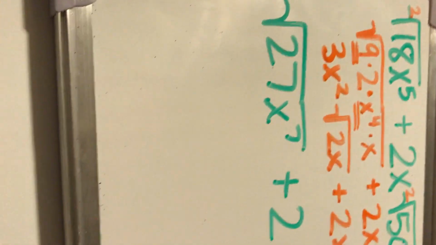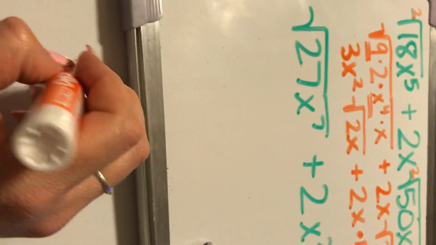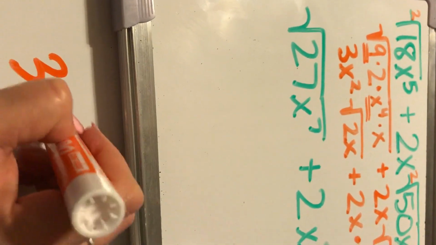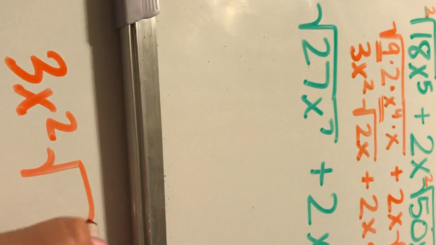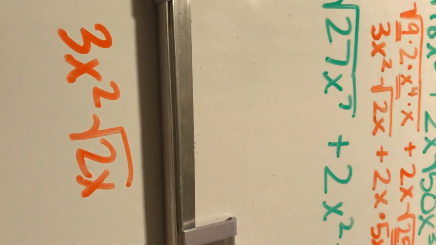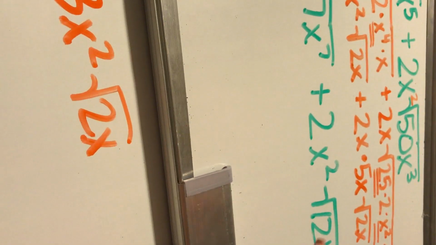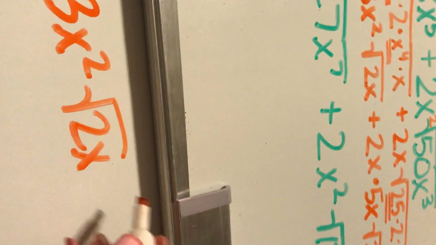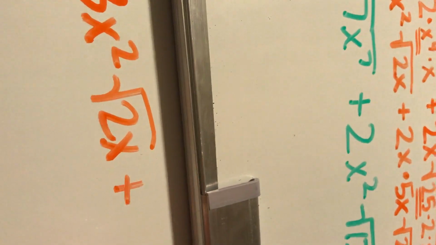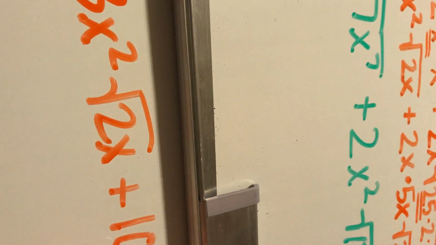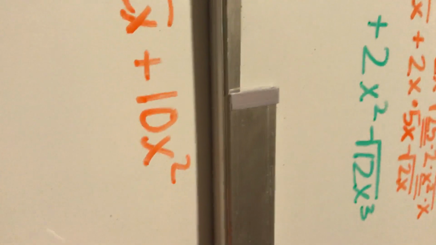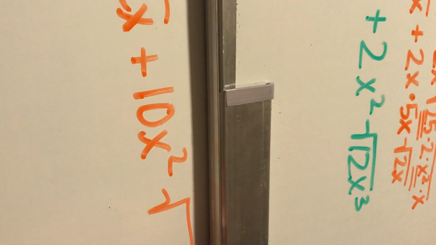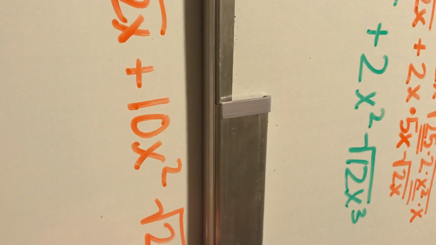So I'm going to rewrite my 3x squared square root 2x, and then up there the 2x times 5x will be plus 10x squared, and then root 2x.